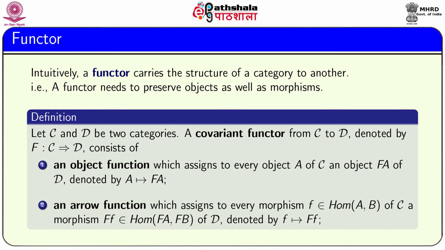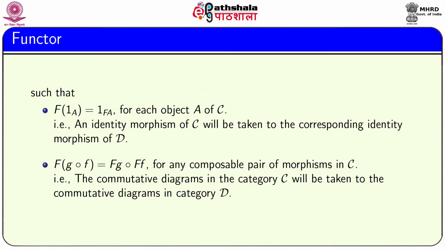Secondly, an arrow function which assigns to every morphism f of Hom(A,B) of the category C a morphism F(f) which belongs to the Hom set Hom(F(A),F(B)) of the category D, denoted by f maps to F(f), such that two conditions are satisfied.